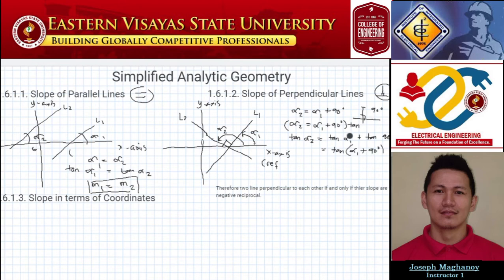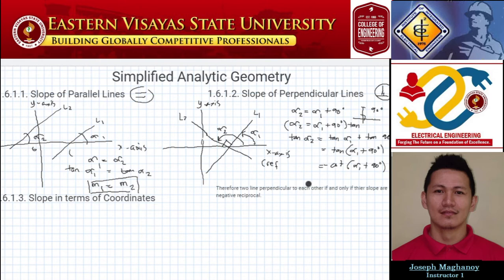If we recall the property of our trigonometric functions, tangent of alpha plus 90 is equal to negative cotangent, and cotangent is equal to the reciprocal of tangent.